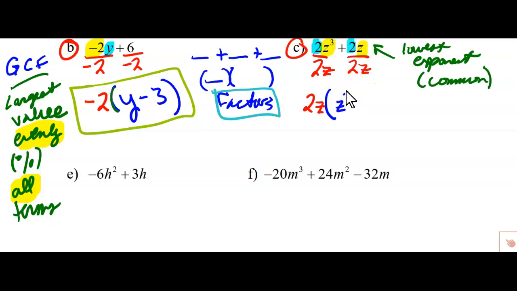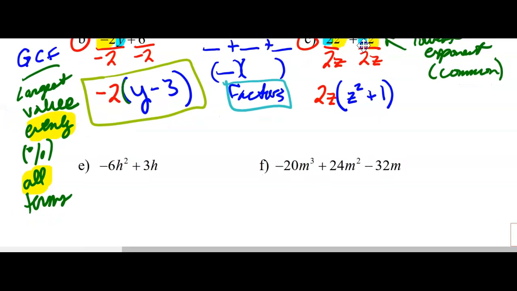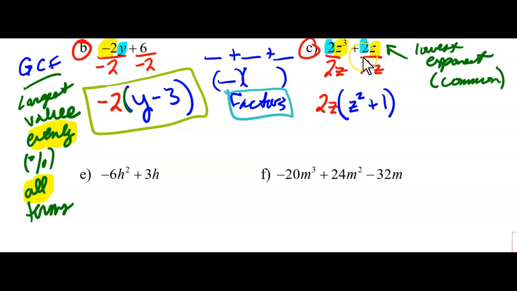On the next one, I have 2z divided by 2z, and that gives me 1, because a number divided by itself is always 1. Since it's 2z over the exact same 2z, this crosses out, so that's gone and I'm left with 1. Remember that I had 2 terms, so when I factor out the GCF, I still need 2 terms in here.